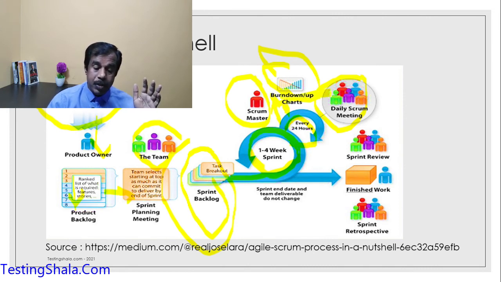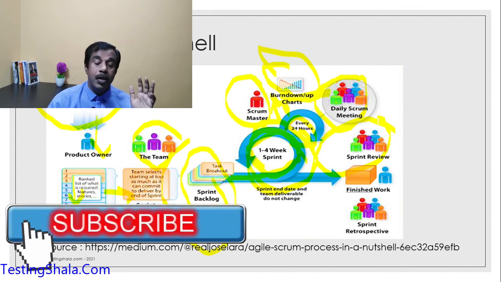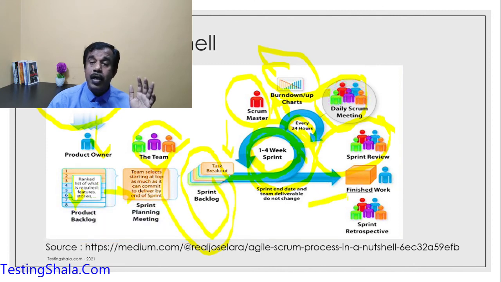At the end of every sprint, there is a sprint review meeting, where the team gives a demo to the product owner to get a sign off, to ensure that whatever was agreed has been completed. That sign off is provided by the product owner.